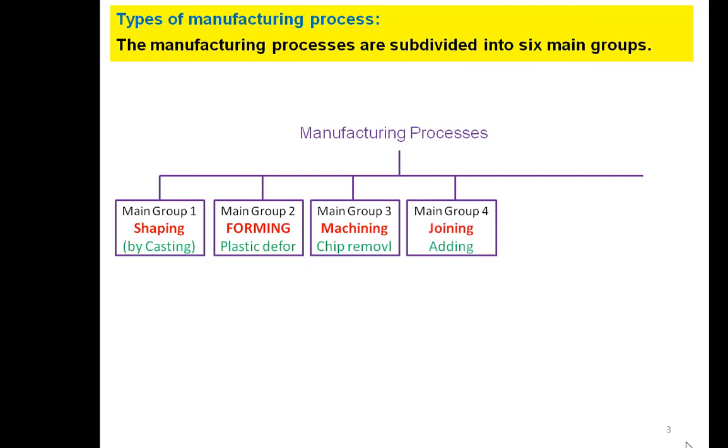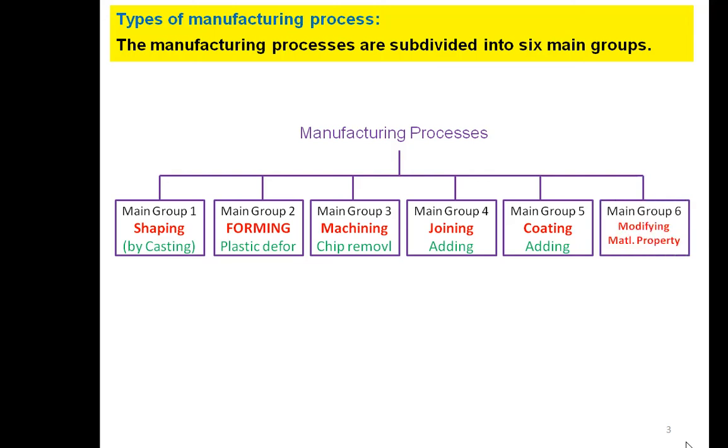Then joining, we are adding or joining one material with another material. So welding, soldering, pressing, these are the joining process. Then coating, we have to apply some coats on the material finished products. Coating may be zinc coating, silver coating, gold plating, and another group, it is modifying material property.